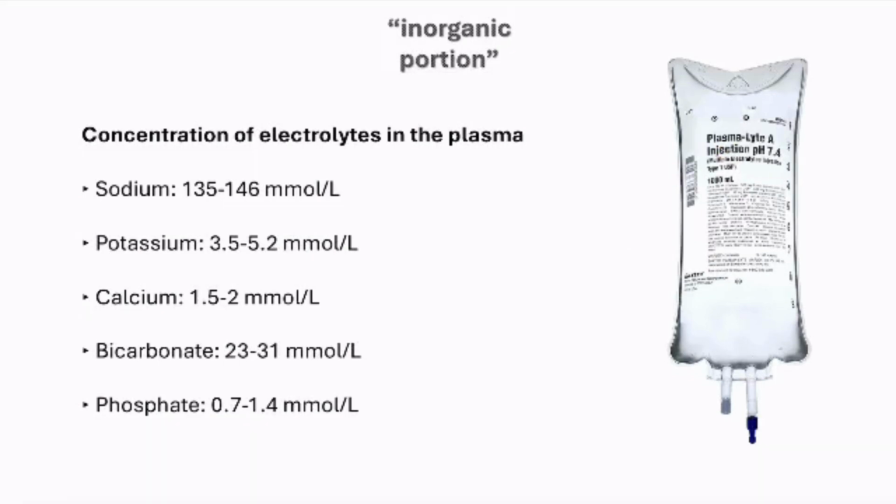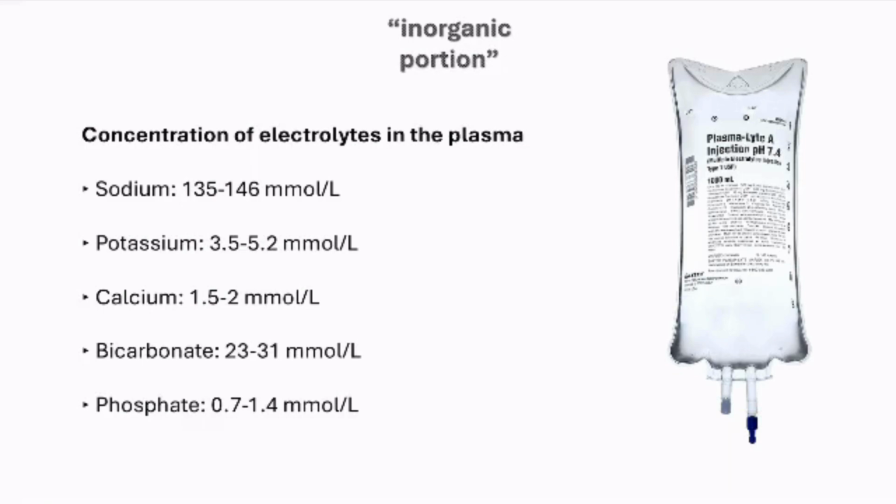Now let's talk about that inorganic portion that we were speaking about, and that is the concentration of electrolytes in plasma. These values that you see here are good because they're mostly in a range, and that's how physiology professors like to hear it. If you see different values in different sources, that's okay. They're usually pretty similar, and these are pretty accurate.